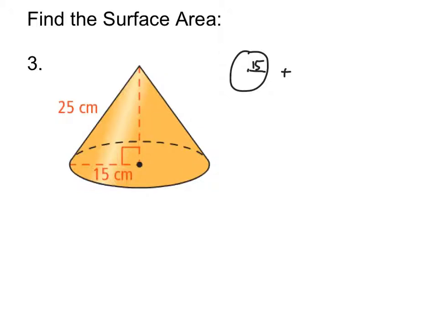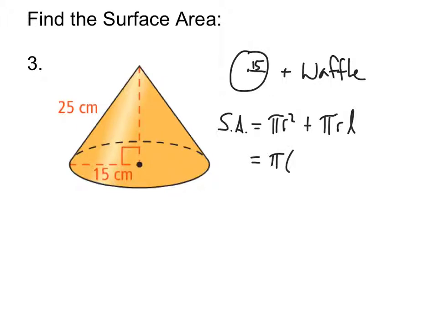And then we have to add the other surface, which is the waffle. Would it just be another circle? All right, so how do we find the area of a circle? Pi r squared, plus the waffle, pi r L.